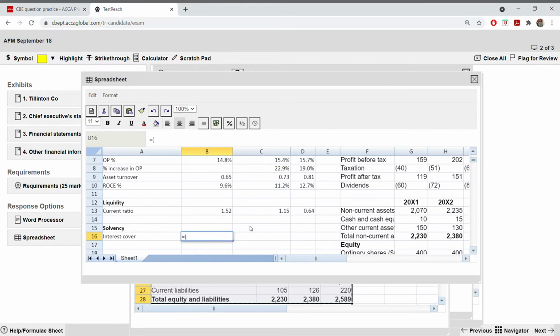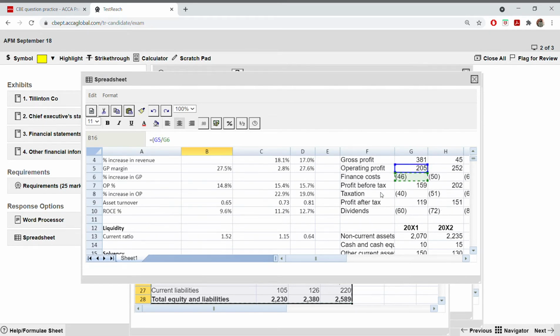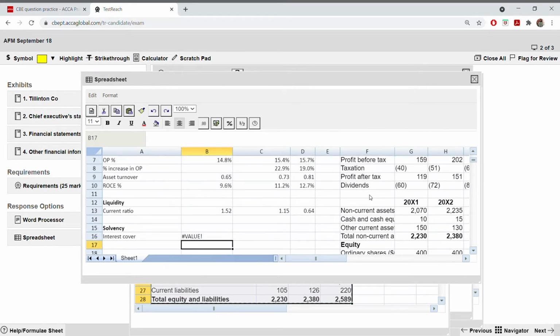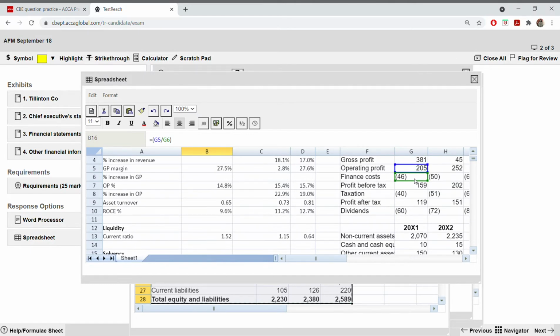So equal to your operating profit divided by your interest. Interest is your finance cost, 46. Make sure that all of these are in minus.